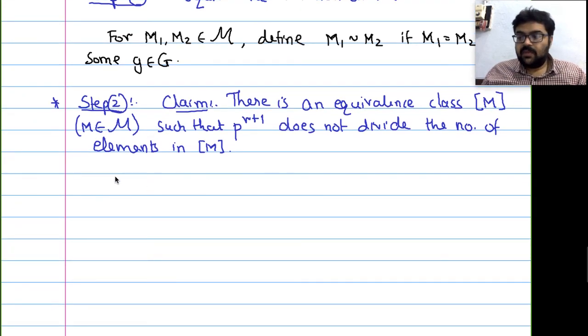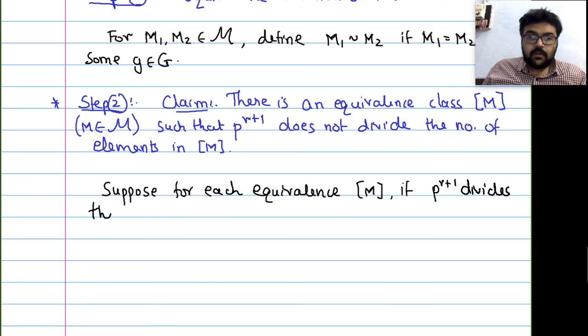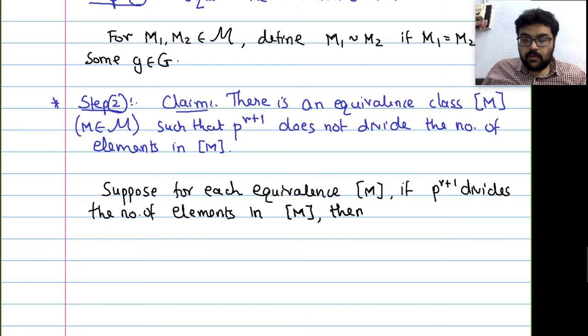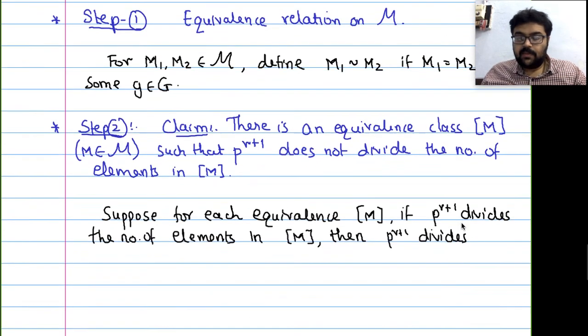Suppose for each equivalence class M, if p power r plus 1 divides the number of elements in M, then p power r plus 1 divides, because it's an equivalence relation on M, each class.